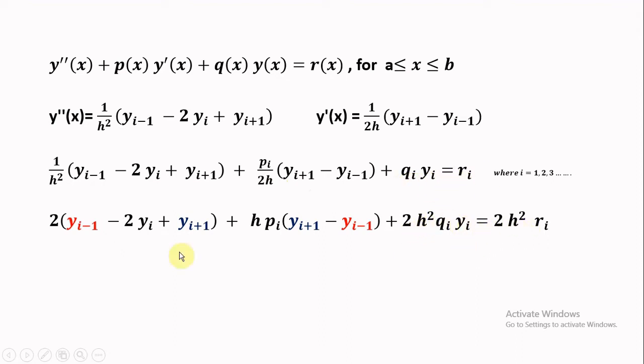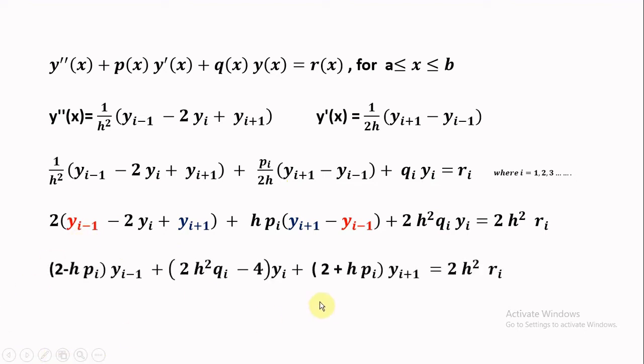Now if we collect the coefficients of yi plus 1, yi and yi minus 1, we can rearrange this equation into this form. For the yi minus 1 coefficient, in red, it will be 2 minus h times pi. For the yi coefficient, in black, we will have 2h square qi minus 4, and for yi plus 1, in blue, we will get 2 plus h times pi.